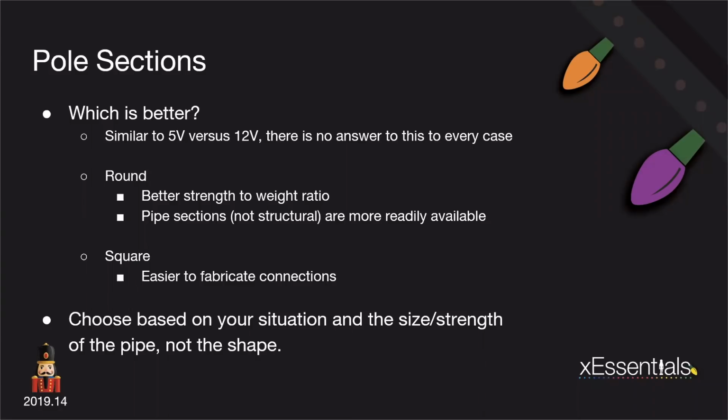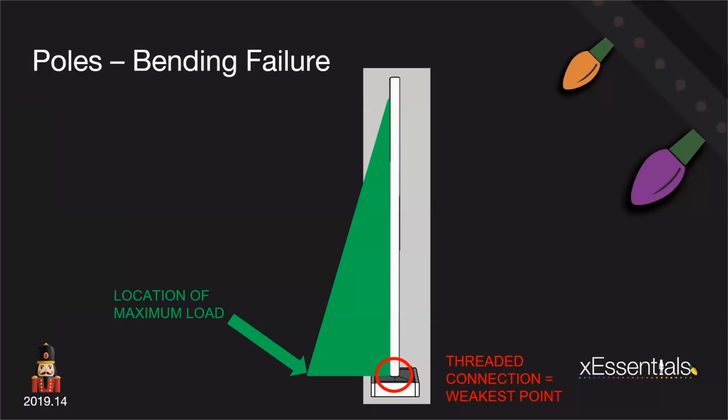There's really no one shape that is going to be better all the time. Don't buy into somebody telling you, well, I made mine square, that's why it didn't fall over. No, you made yours larger. A 6-inch square is going to be better than a 2-inch round any day of the week. But a 6-inch round is going to be better than a 2-inch square.